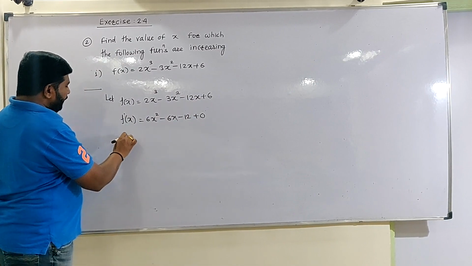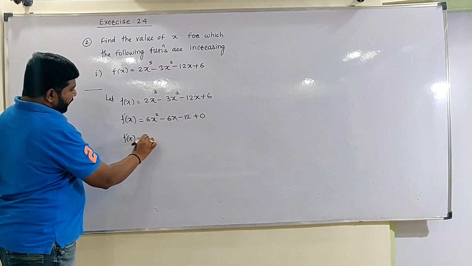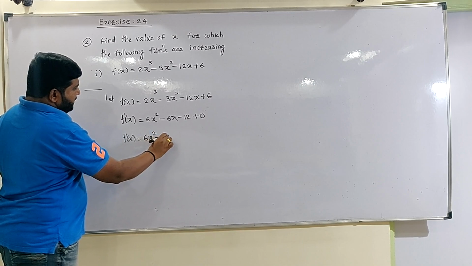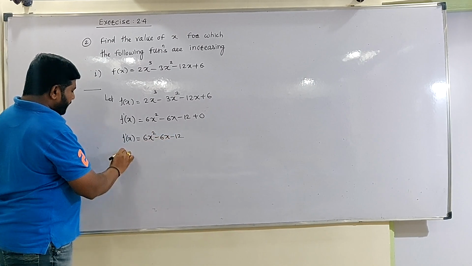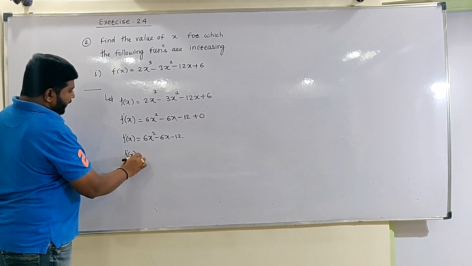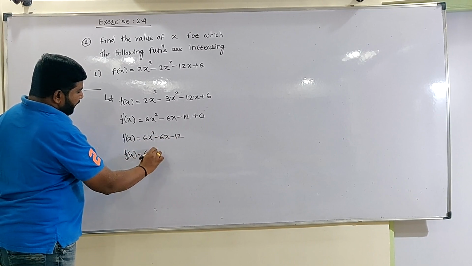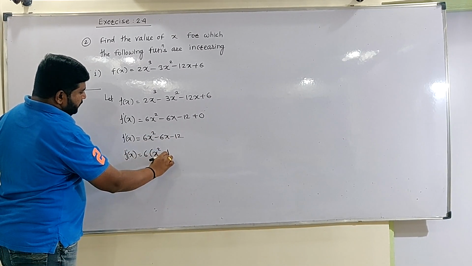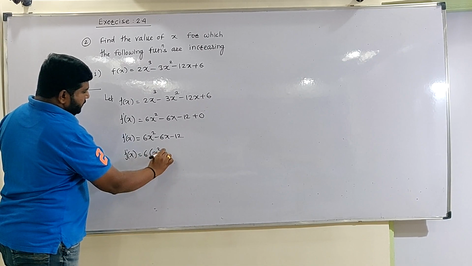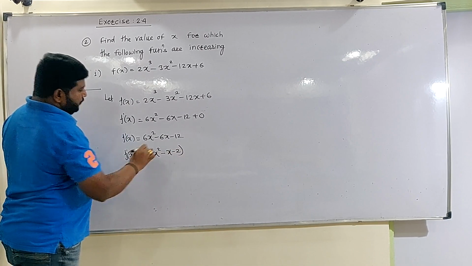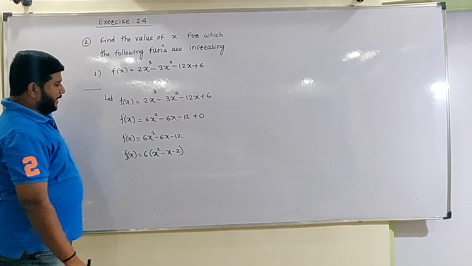So f dash of x is equal to 6x square minus 6x minus 12. F dash of x 6 common ले लो, x square minus x minus 2.